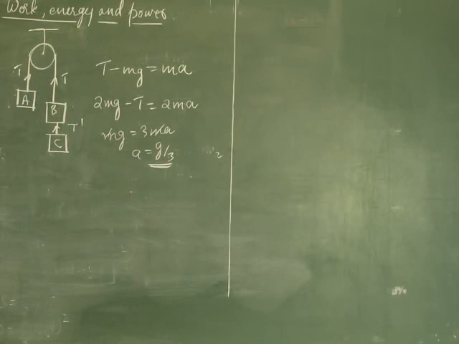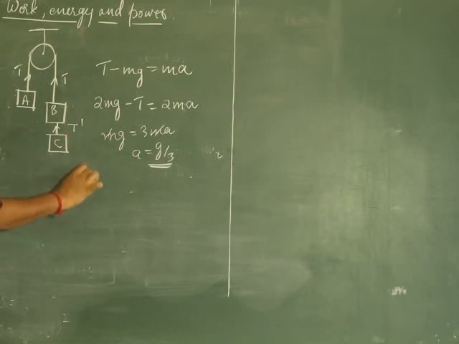Next what I do? I will substitute what is the tension between B and C. So let us see B and C because they are going downward, correct? So both are going downward, so tension will be upward, right? That is why. So I will just apply in this C case.